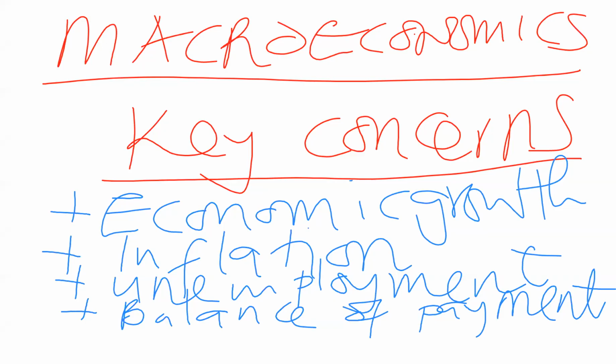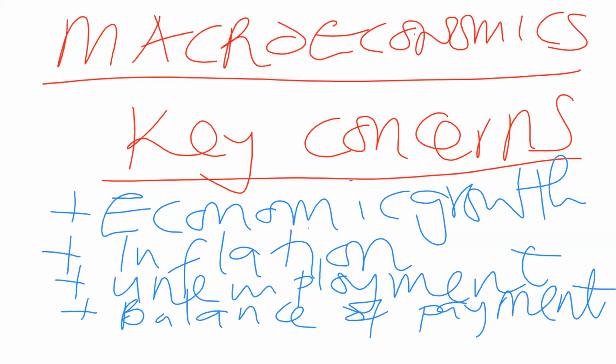Remember, macroeconomics hinges around production. We measure economic growth in terms of production. Are we improving in production? Have we produced more, or have we produced less? That is what we are trying to look at under economic growth. So is our economy growing, is it stagnant, or is it declining?